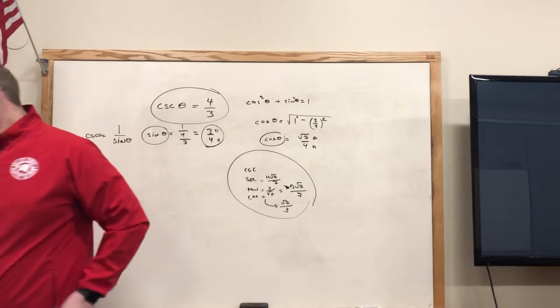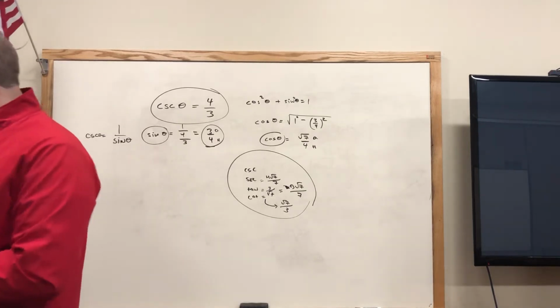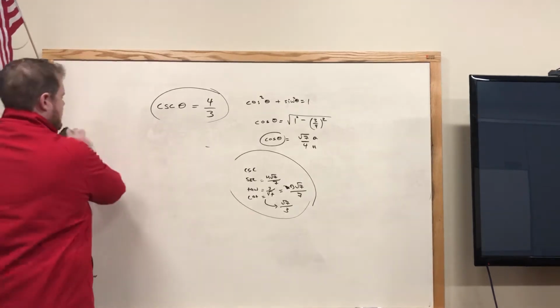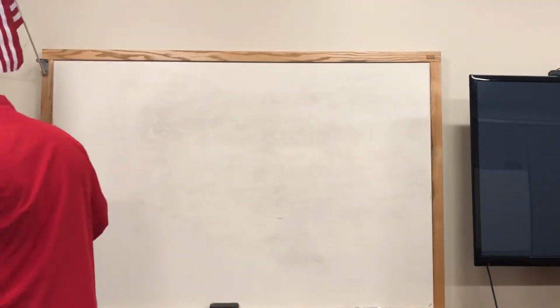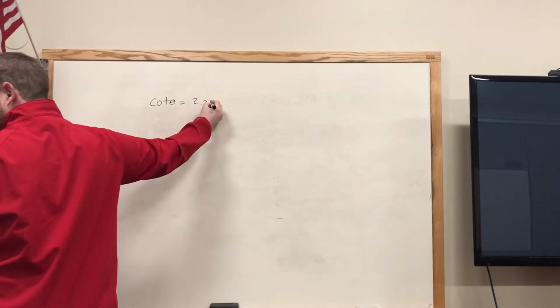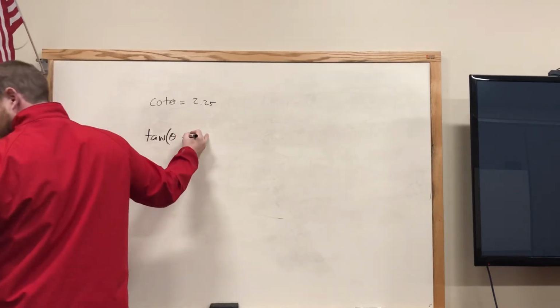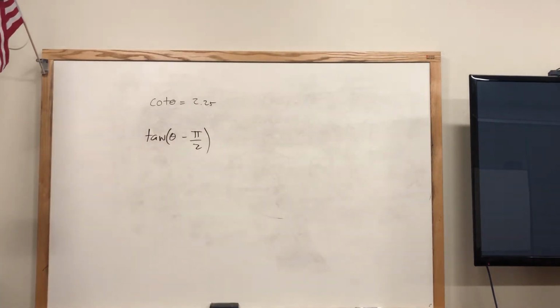Now, what would we do if we have cotangent theta? Here's another problem. Cotangent theta is 2.25, so find tangent of theta minus pi over 2.